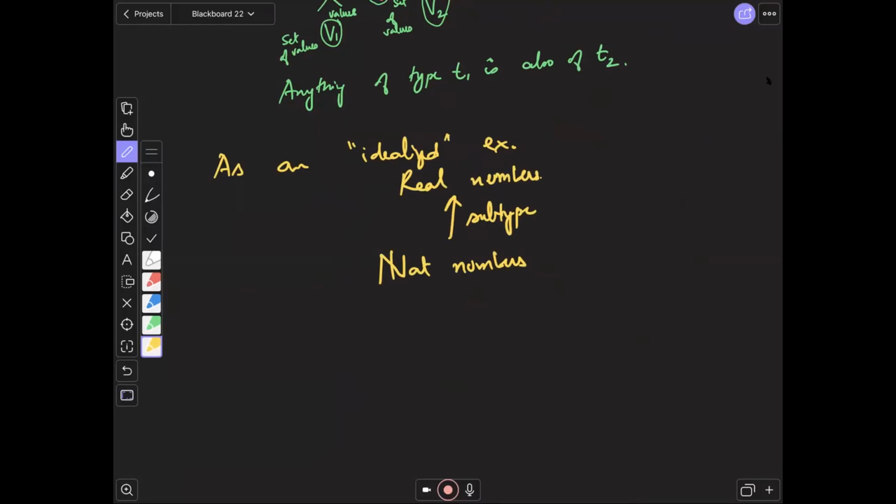Obviously, natural numbers are a subset of real numbers. So I would love to say that natural numbers are a subtype of real numbers, just because the set of natural numbers is a subset of the set of real numbers. Is that okay? This is something I would ideally like to say. That's one way of thinking about subtypes, but it's actually quite misleading.